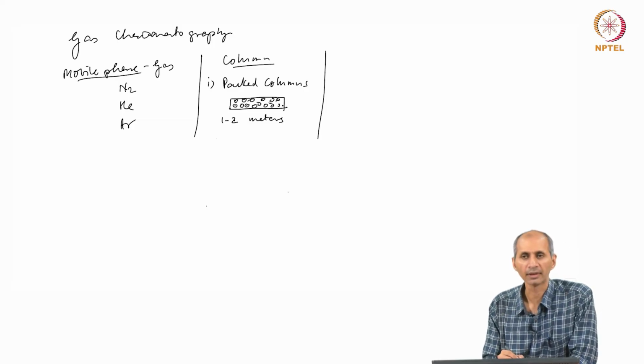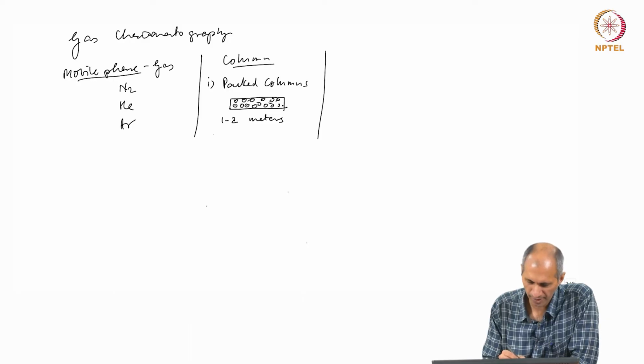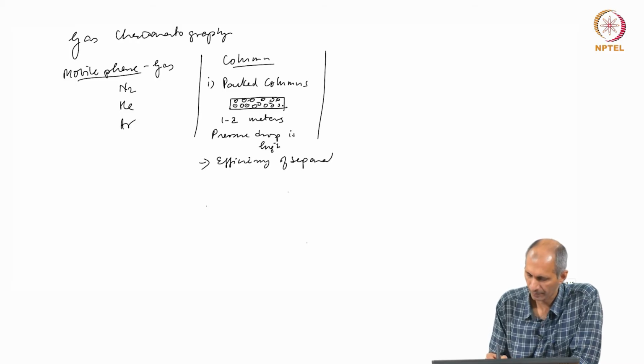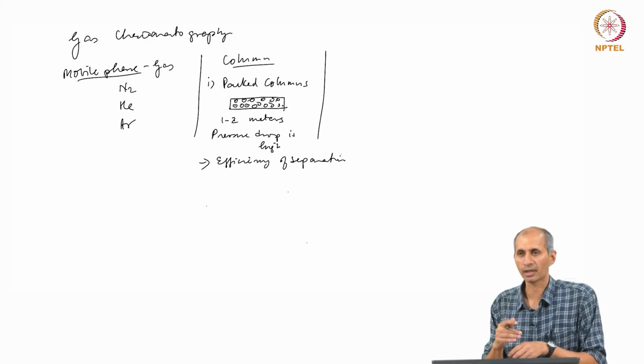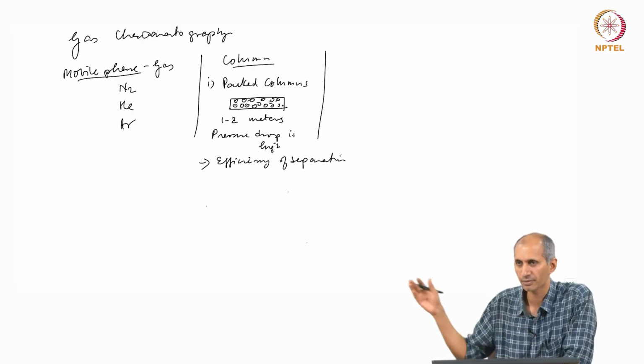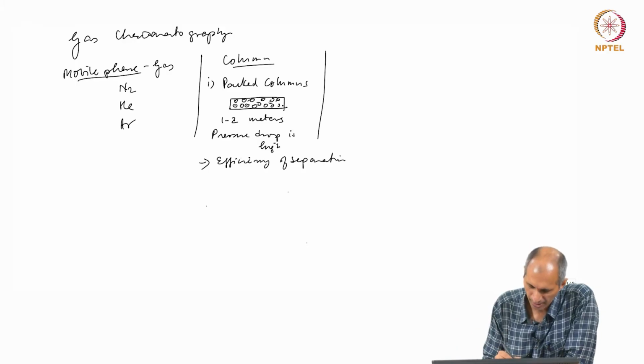One big disadvantage in a packed column is that your pressure drop is high. The efficiency of separation is high if you give the compound a large opportunity to separate. If the column is long enough, it will separate nicely.